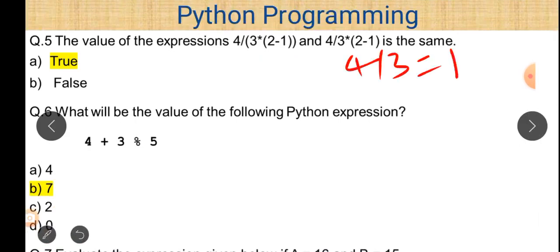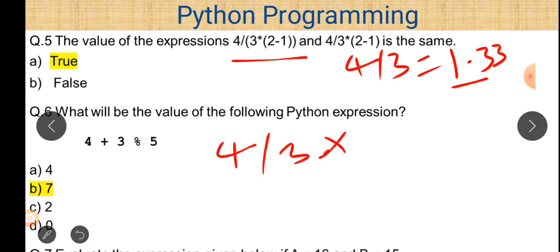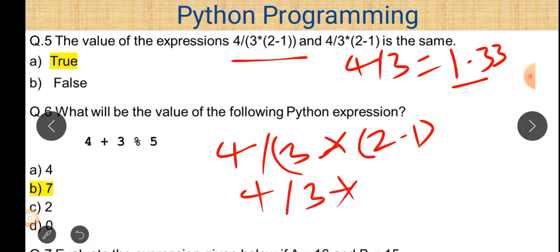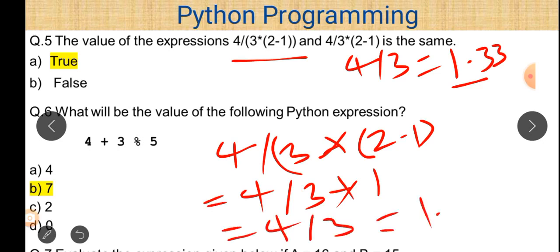That is a float value. It means it is something like 1.33. And in this expression the answer is also 1.33, because when we solve this, then 3 is multiplied by 1. That means again the answer is like that. So both have the same value, 1.33.